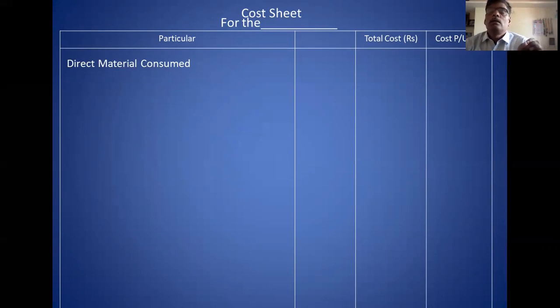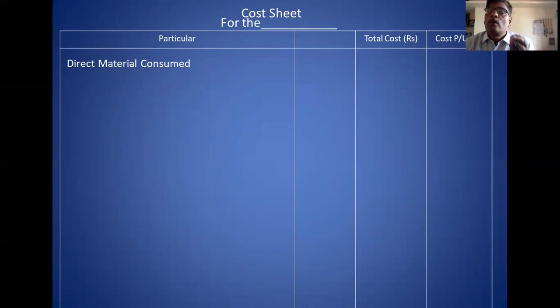How to take it? It is based on opening stock of material, purchase of material, material received from store, and material received from other departments. First you take the opening stock of material, then the raw material purchased directly, third the raw material received from the store, then the raw material received from other departments, then the purchase expenses related to that material.